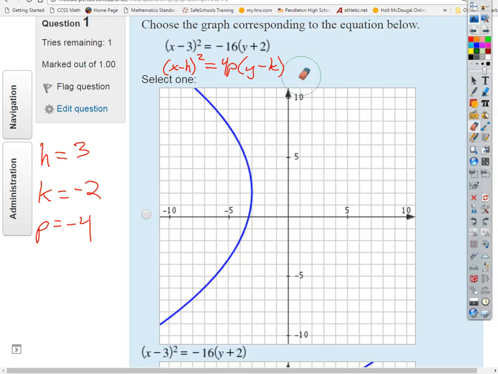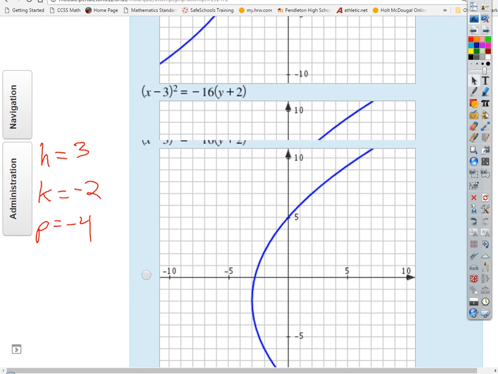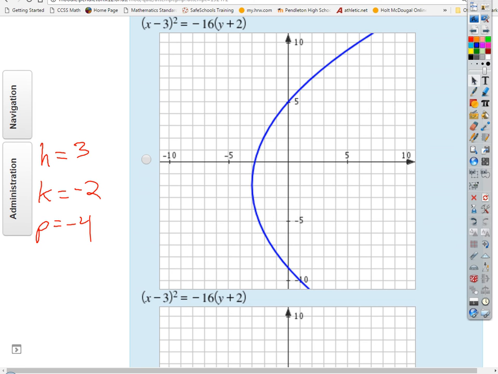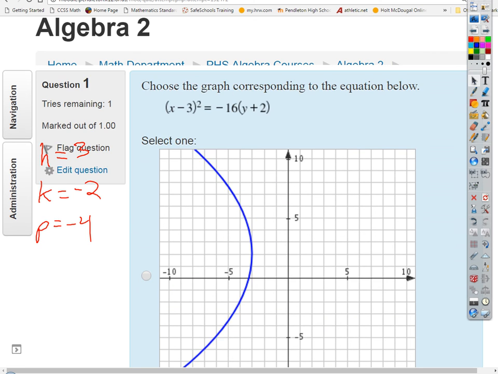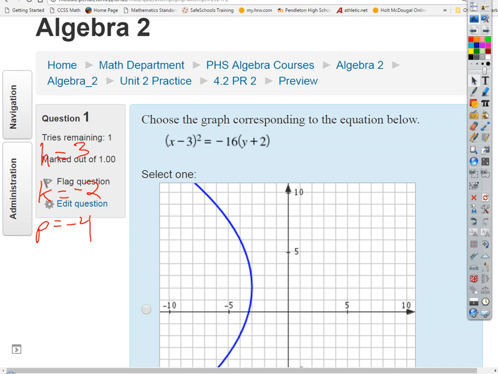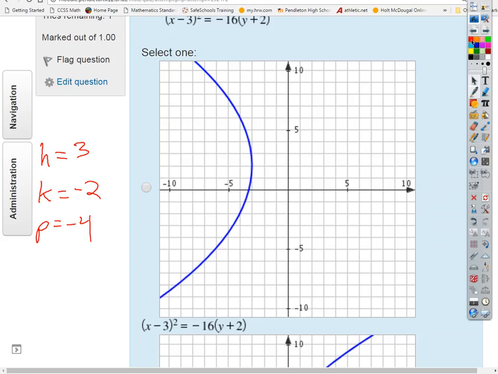Let's just go find the parabola that matches that stuff. So the coordinates are at 3, -2. Okay, so that's not it, is it? And it's going to open to the left, right? Everybody agree? Oh, hold it. It's vertical, right? So maybe that's another thing we could do over here. We know that it's going to look like that, right?